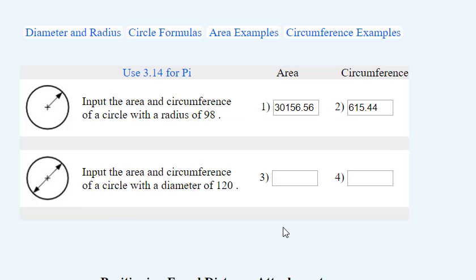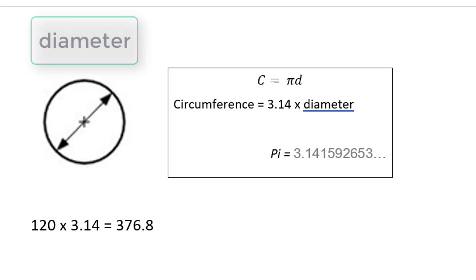Now I just have 2 more problems to do. Input the area and circumference of a circle with a diameter of 120. Let's do the circumference first. The diameter is 120, this range right here.